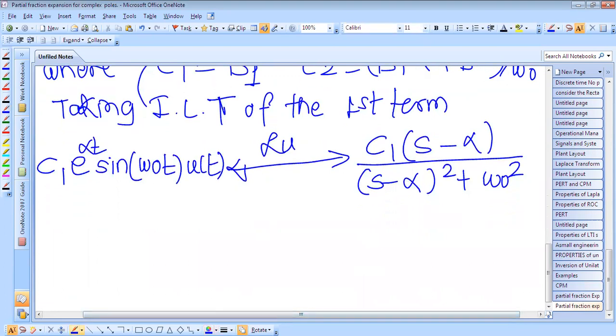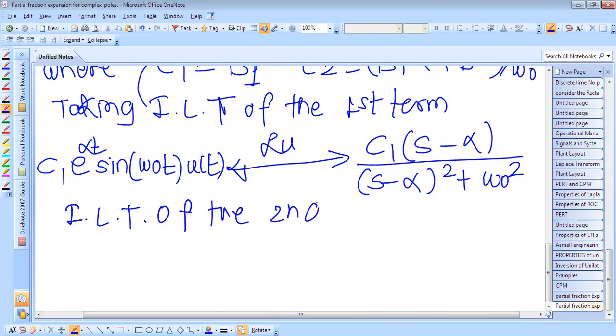Similarly, the inverse Laplace transform of the second term.